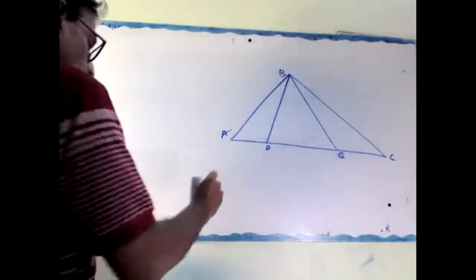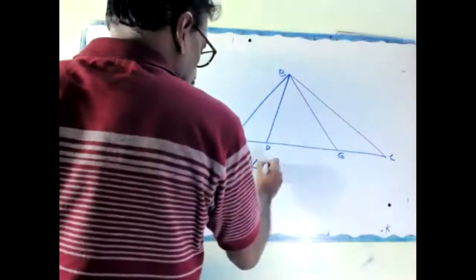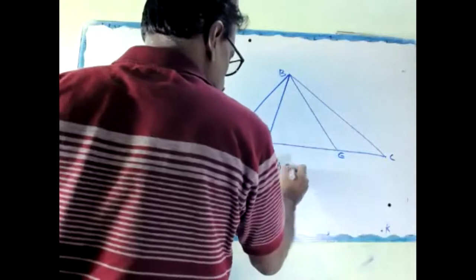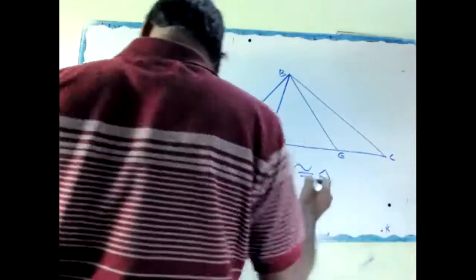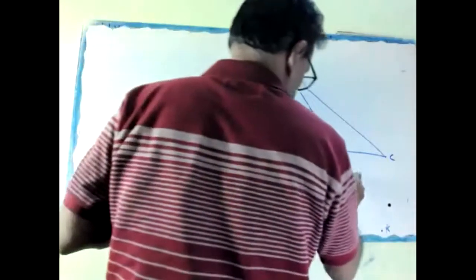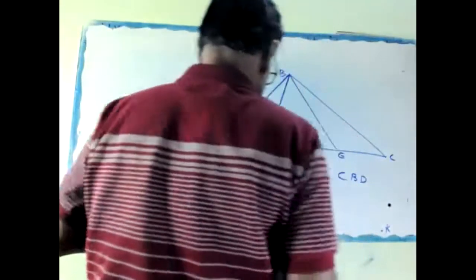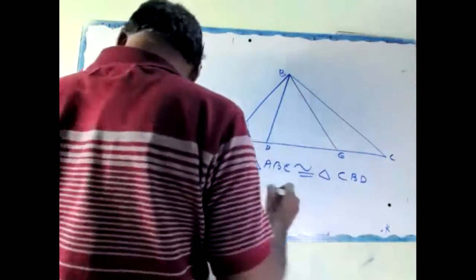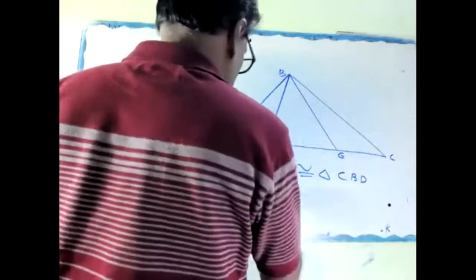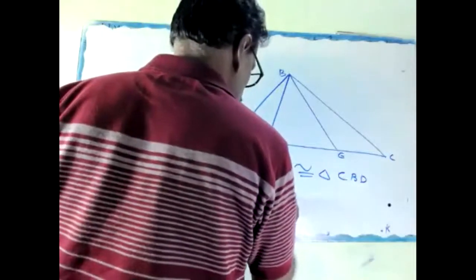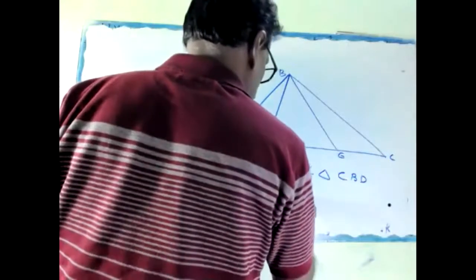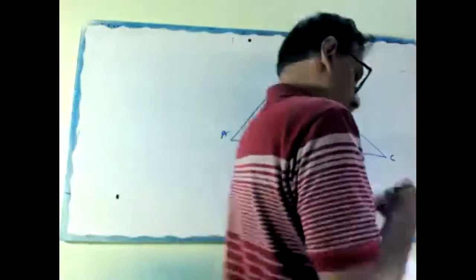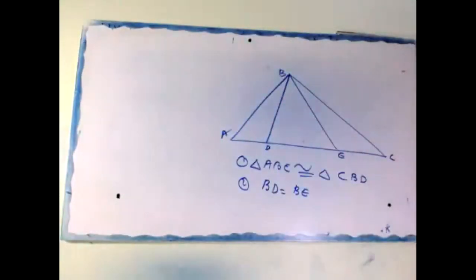Prove that 1. Triangle ABE is congruent to triangle CBD. 2. BD equal to BE.